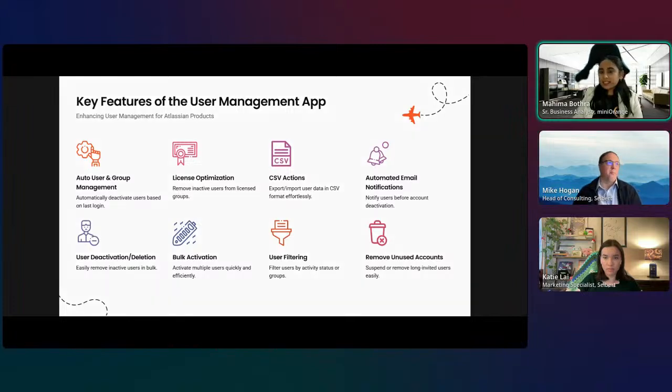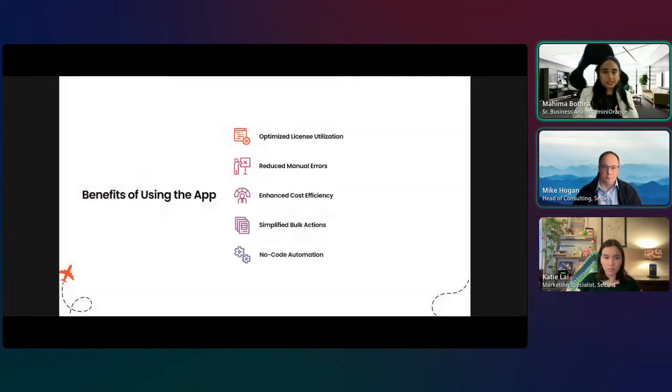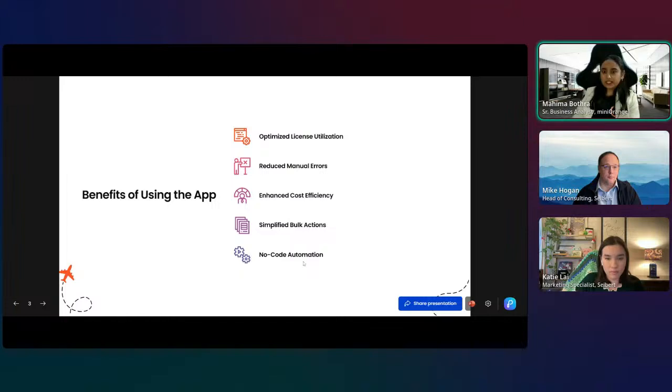So it's very easy to use, anybody can use it. The major benefits of the app are that you can optimize licenses and reduce manual errors. If you do it one by one by selecting each user, it's going to take a lot of time. So it enhances cost savings, simplifies the actions, and does no-code automation, as I mentioned.